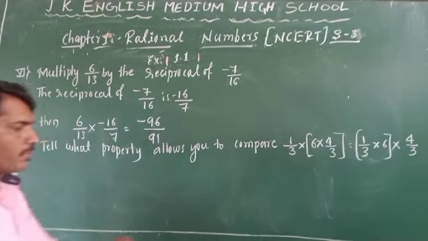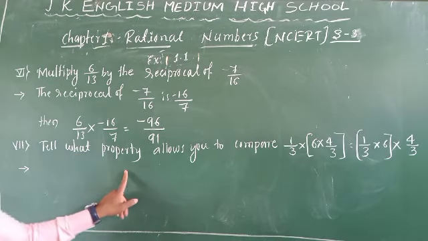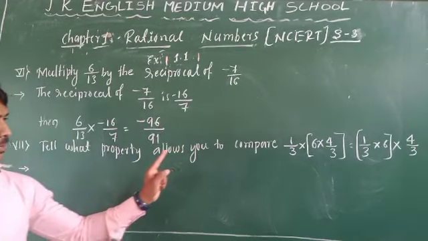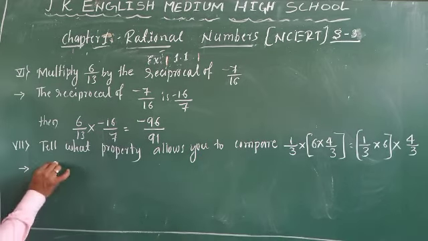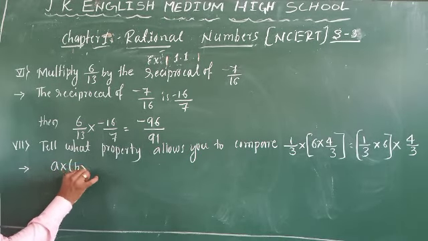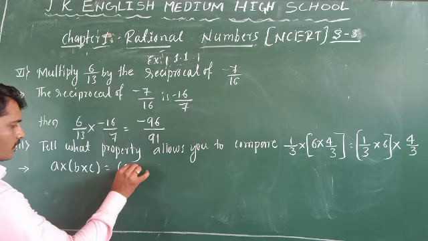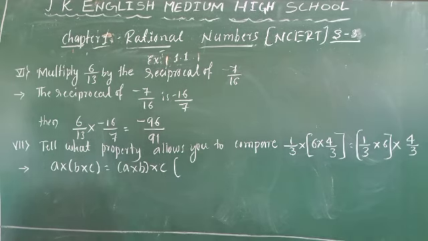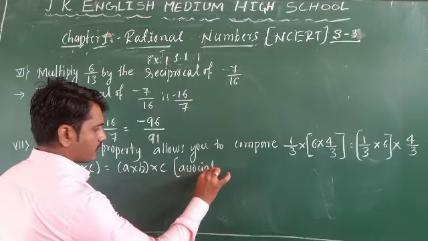Yes. Which property is that? Tell what property allows you to compare. So now write the formula: A into B into C inside the bracket, equals A into B inside the bracket into C. Tell me what is the property.